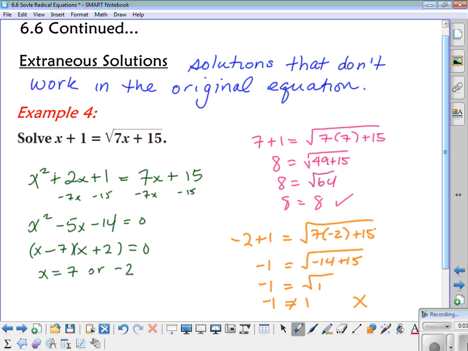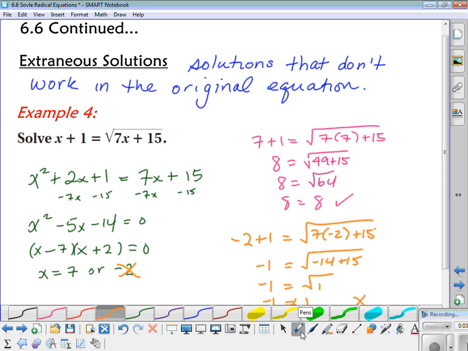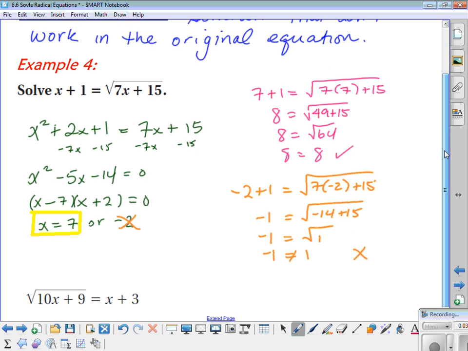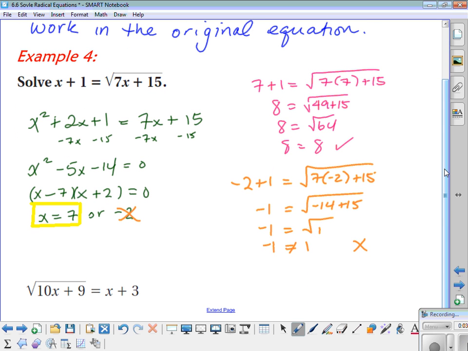So that means that that negative 2 was actually an extraneous solution. And the only solution that works is the 7. Any questions so far? Okay, so when you finish copying that down, here's one for you to try on your own.